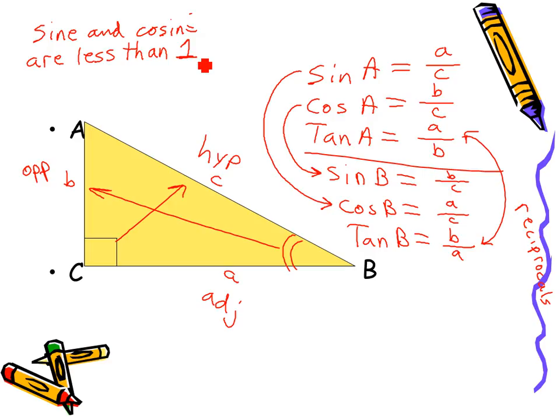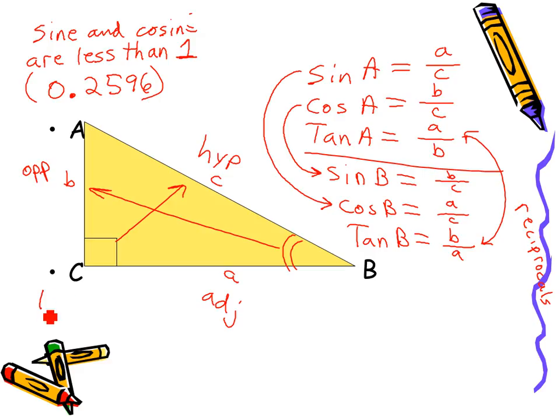So if you figure out the sine of something and it says 1.2, something's wrong. If you're punching it into the calculator, it's always going to look something like 0.something. It can't have a number out in front. It's always got to be less than 1.